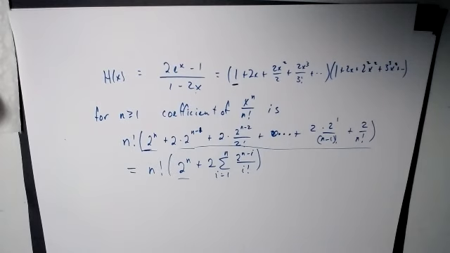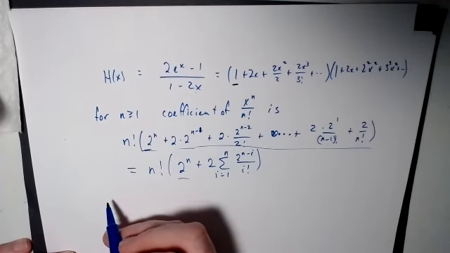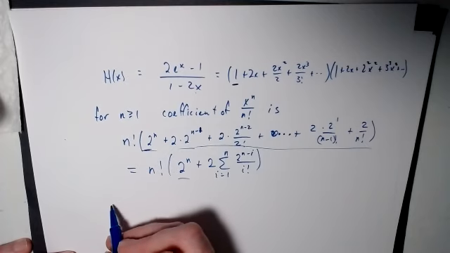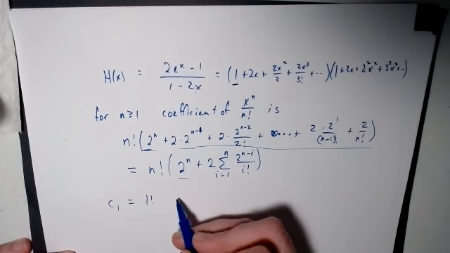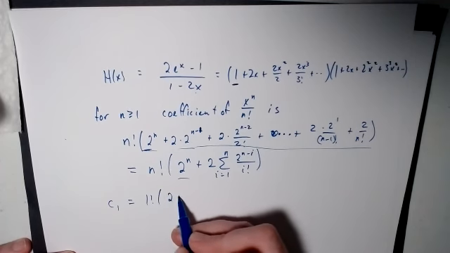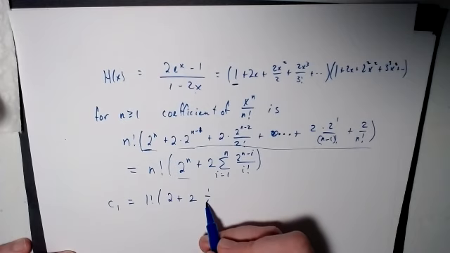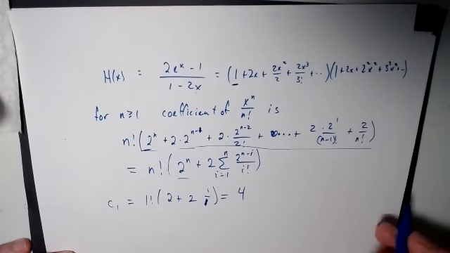And we can check a couple of terms here. For C1, let's see, what was our C1 equals, according to this, 1 factorial times 2 plus 2 times 1 over 1, which is 4.